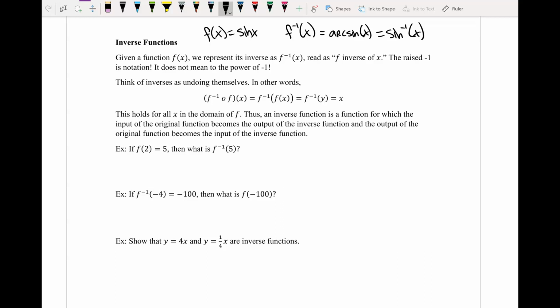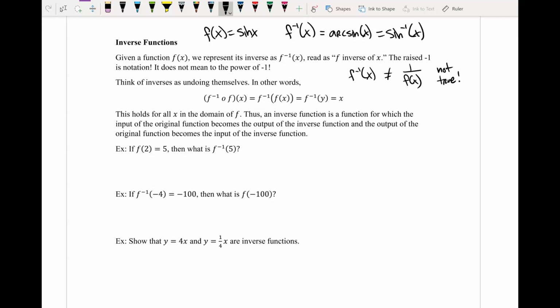If I'm given a function f of x, we represent its inverse as f inverse, so not f to the negative 1. So this f inverse does not mean 1 over f of x. Please don't do that. That's not equal to, okay? Not true. Inverses kind of undo themselves.